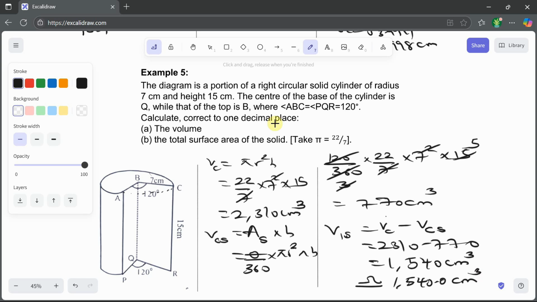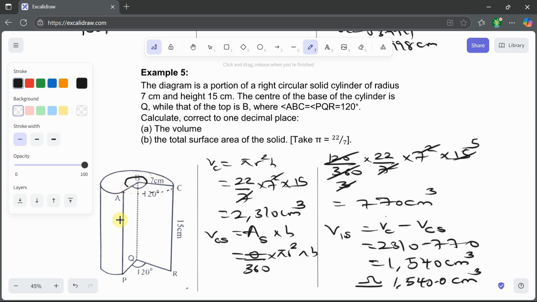Now we should find the total surface area. If this is the minor arc, this one here will be the major arc. So if I can find the area of this major sector, I multiply by 2, because it has the same angle on both sides. Then the cut section part is this major sector.